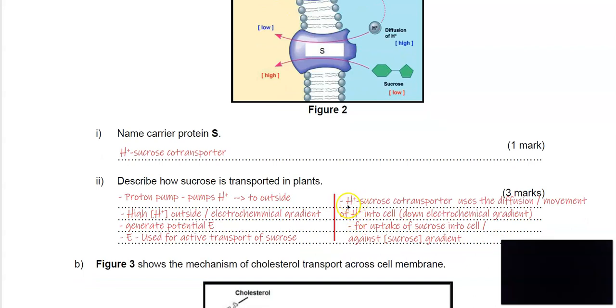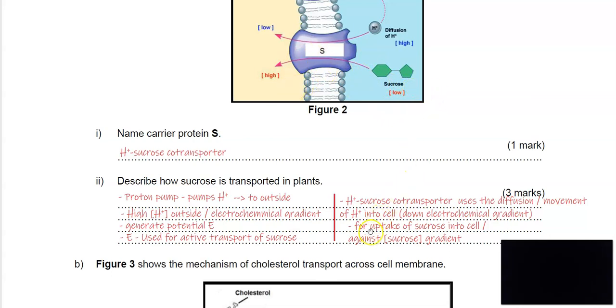So the hydrogen ion sucrose co-transporter causes the diffusion, the movement, of hydrogen ions into the cell, which is down the electrochemical gradient. The movement from high to low electrochemical gradient is a type of potential energy that the co-transporter uses to bring in sucrose from outside to inside, from low sucrose concentration to high concentration, or against the concentration gradient.